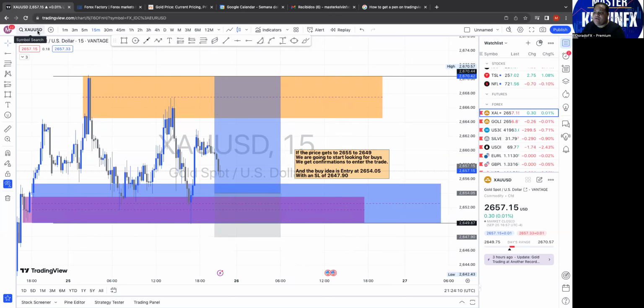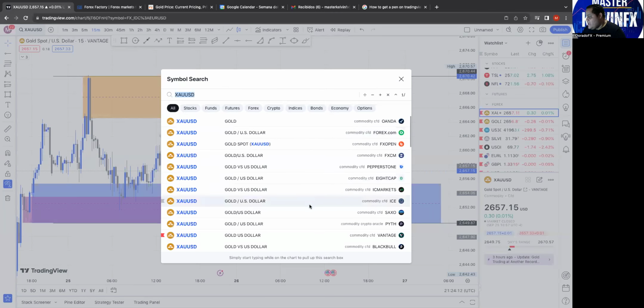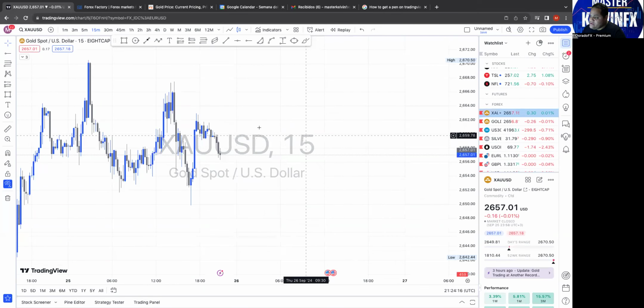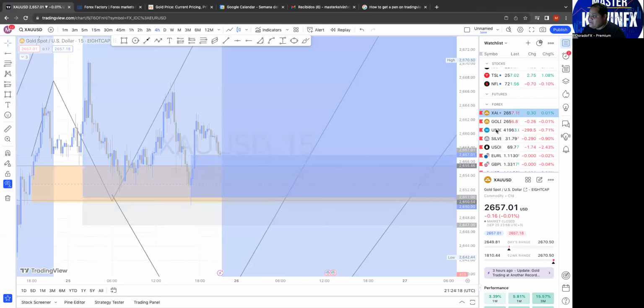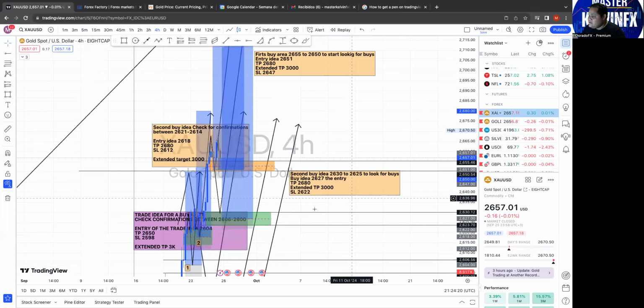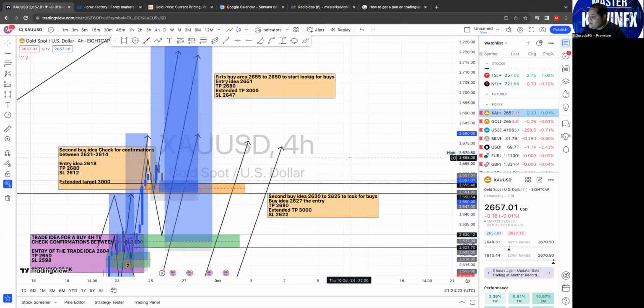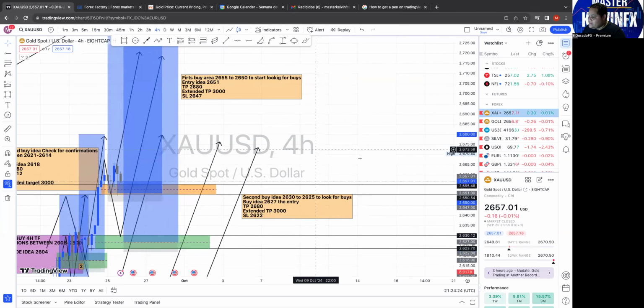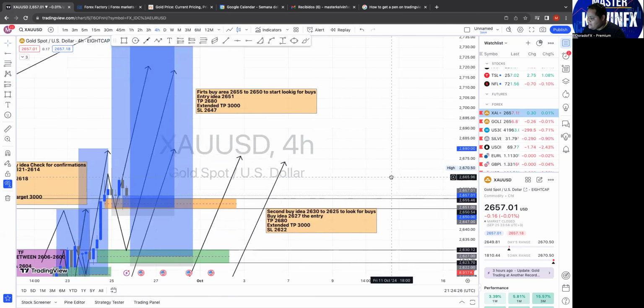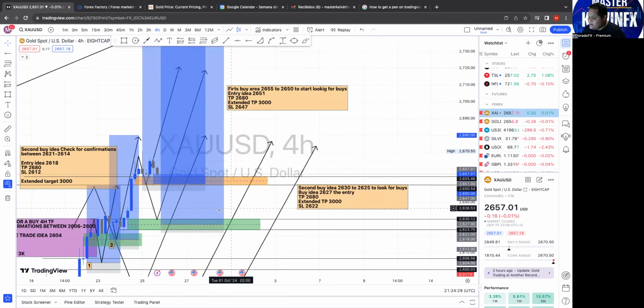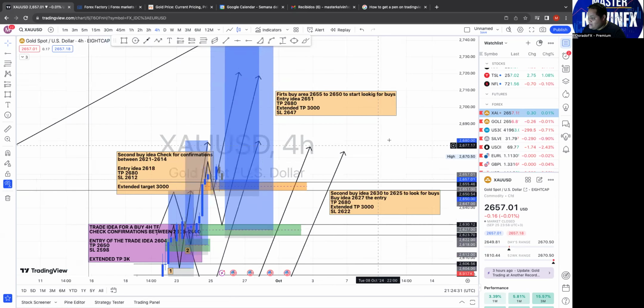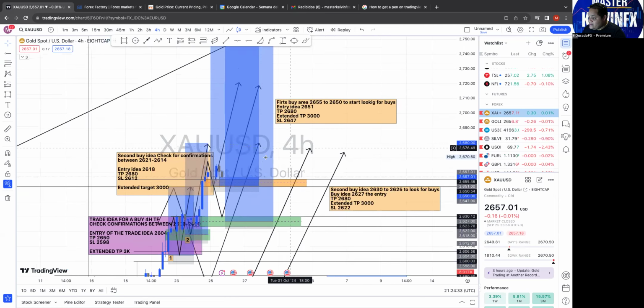Okay, now we're going to the recap. We're going first to the chart that we've been using for the last few days, but this time we're going in 4 hours, because remember that we gave our entries, and let's see what happened in the market. So far it's still bullish, as you guys know.